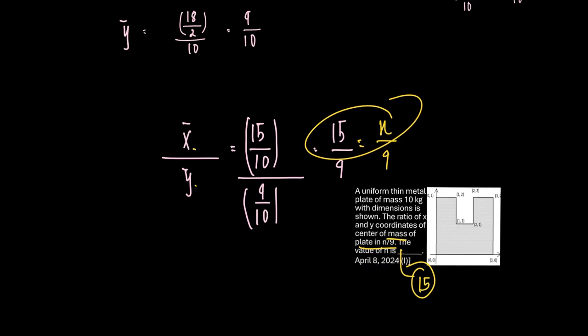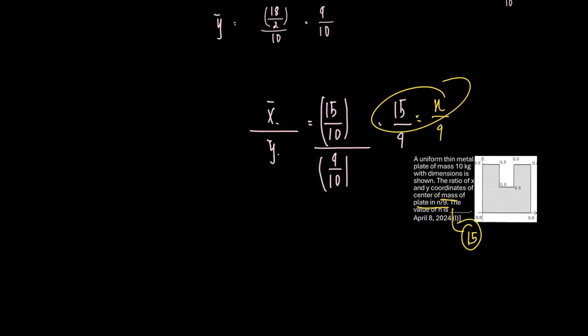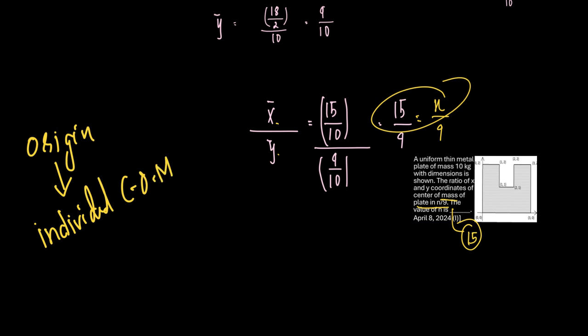Okay. So let me just summarize the steps here. Fix the origin. That should be step number 1. Find out the individual centers of mass. Calculate the individual centers of mass positions with respect to the origin.